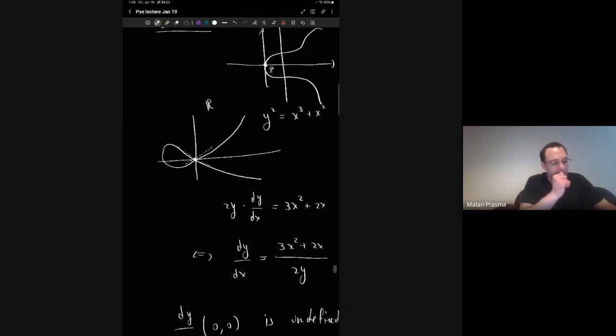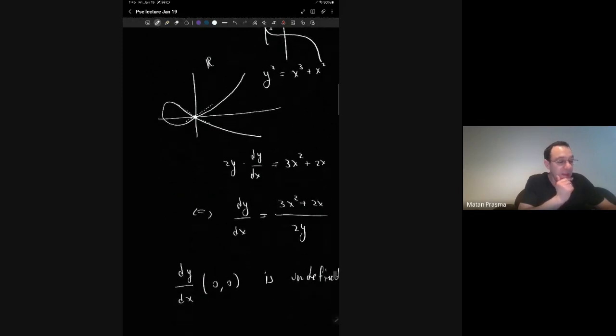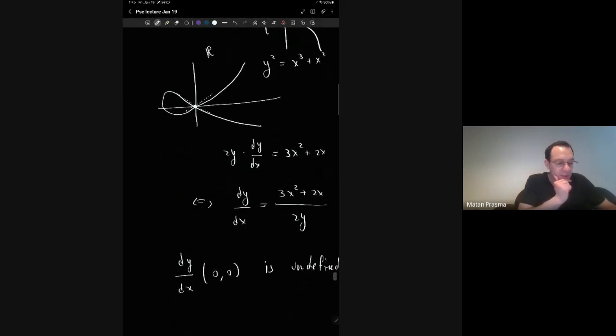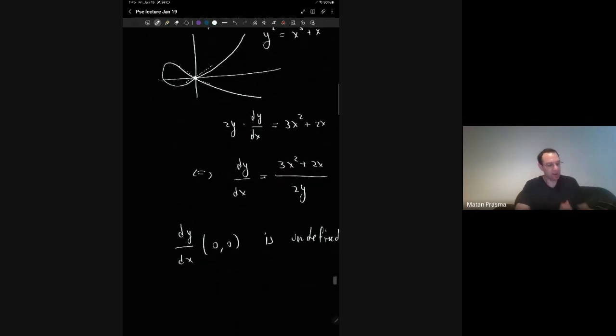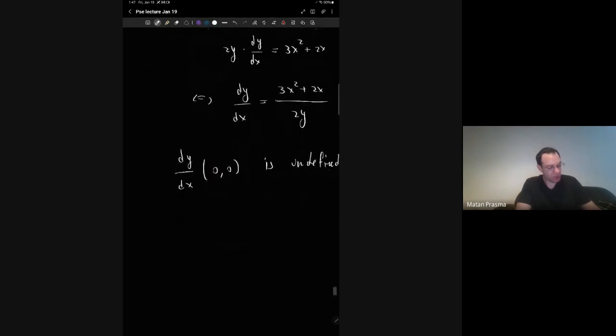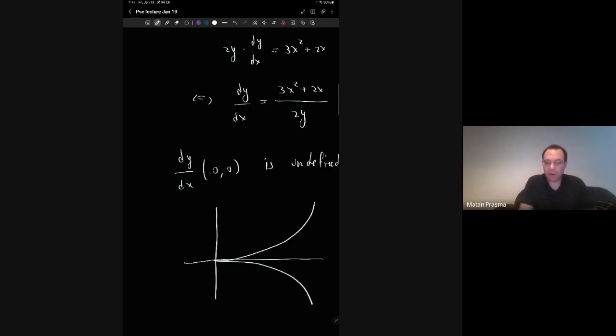So maybe another example of a place where a tangent line does not exist. You take this curve, and what's the equation for this? This would be just y squared equals x cubed.